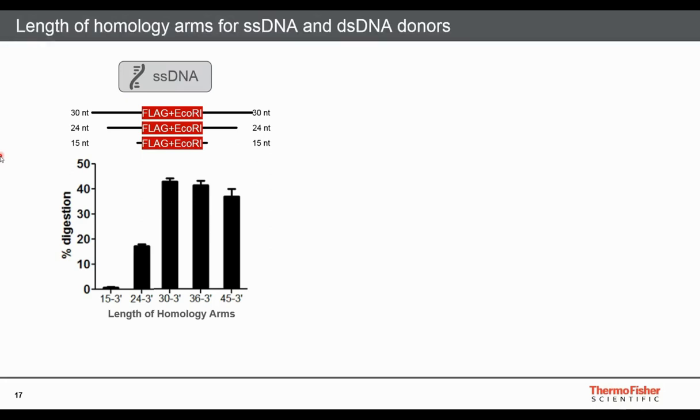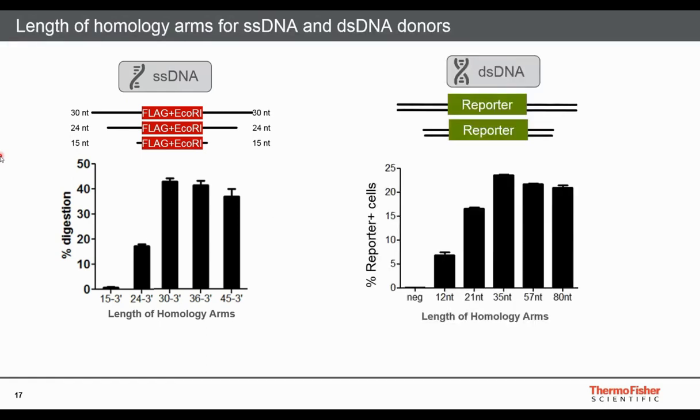When we go to 24 nucleotides long, we see that improve to close to 20%. And when we go to 30 nucleotides or longer, we see that kind of plateauing out, where if you have at least 30 nucleotides of homology arms or greater, you get the max knock-in rate that you're going to get with just these donor design characteristics.